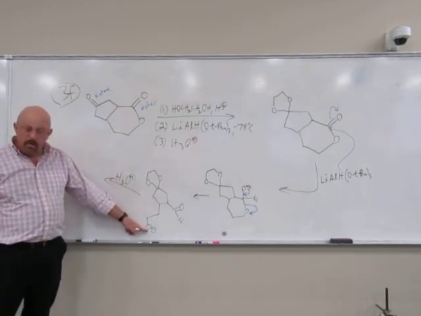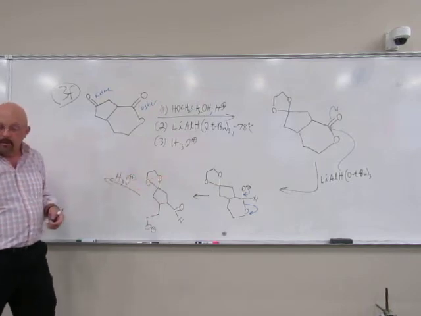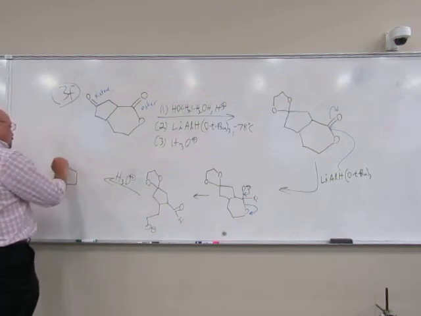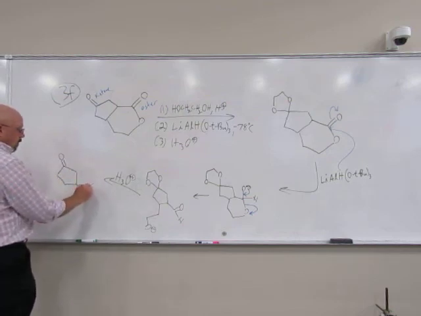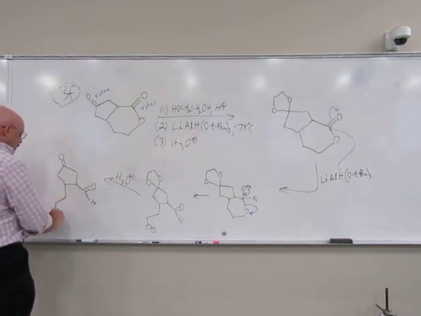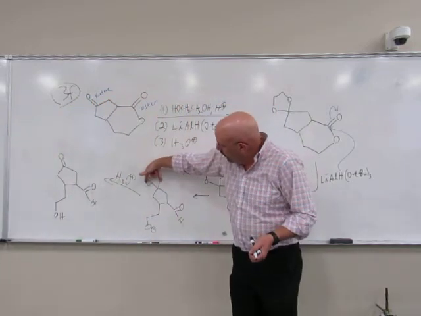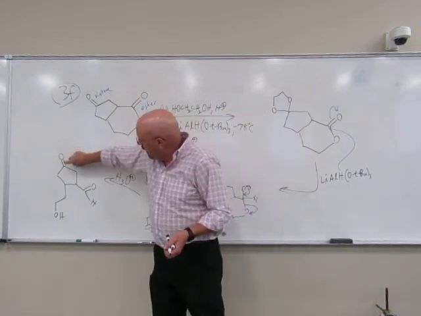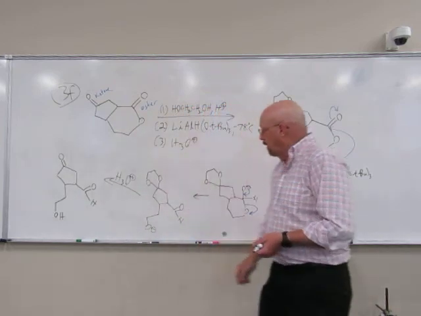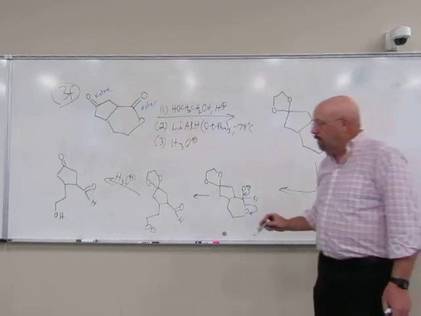That acid is going to protonate that oxygen that's got the negative charge, but acid and water also removes our protecting group. So we get our ketone back. I protonated that oxygen, so I have the alcohol, and of course the reducing reagent made the aldehyde there earlier. So there's our final product.